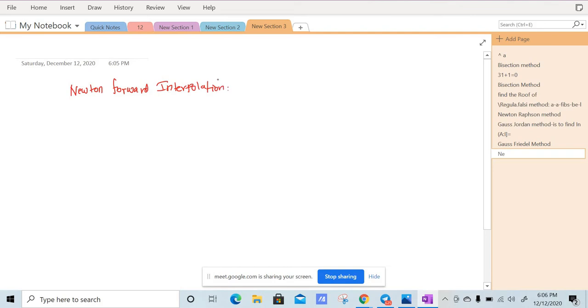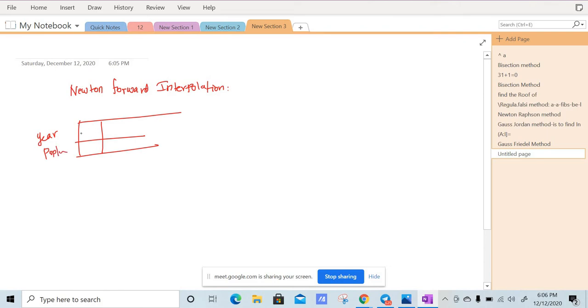First I'll let you know when to apply Newton forward interpolation. Suppose they give a set of values. For example, let us say this is year and this is population. I'm just taking some example.